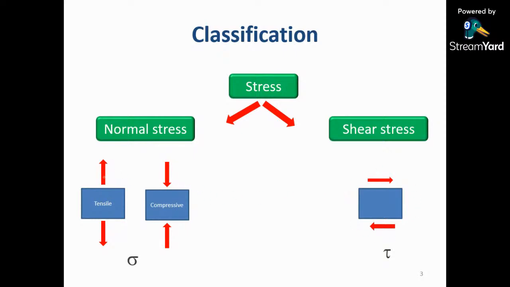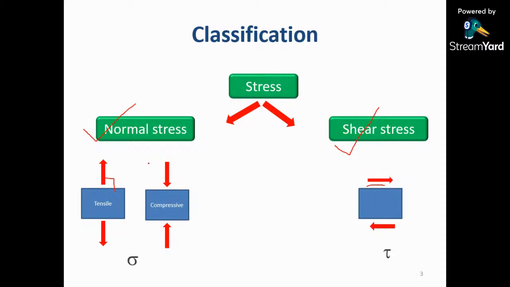This red arrow indicates the direction of the applied stress. In these two figures, whatever stress you apply is acting perpendicular to the surface. In this picture, the applied stress is parallel to the surface. If your applied stress is perpendicular, we call it a normal stress. If it is parallel to the surface, we call it a shear stress.